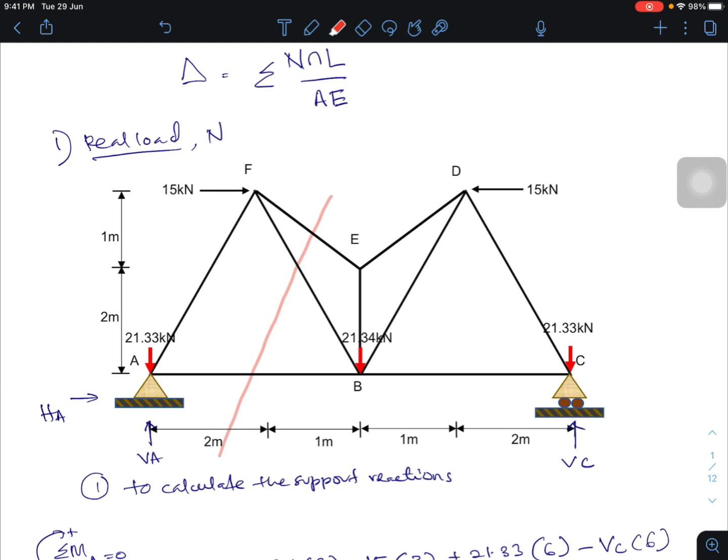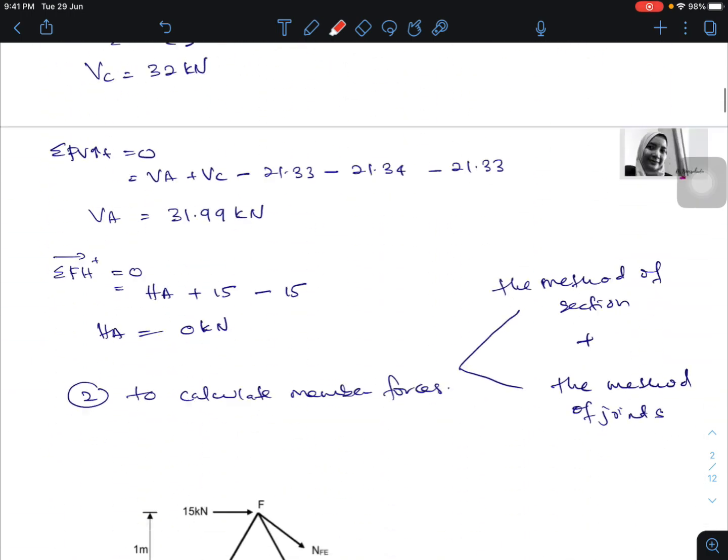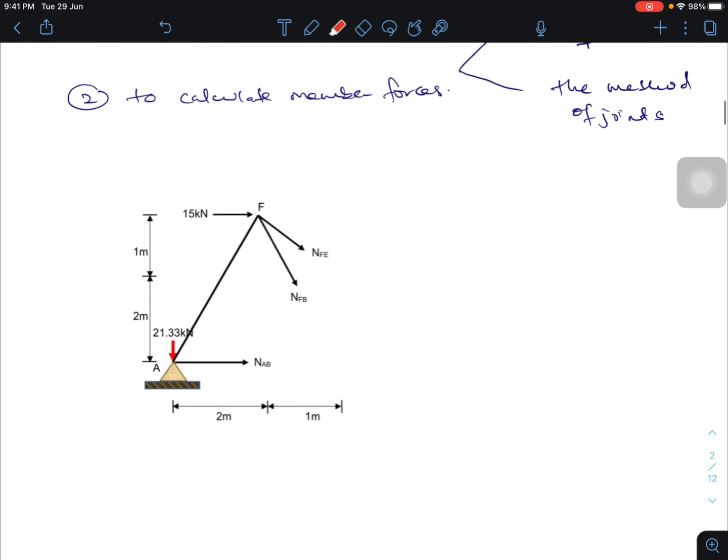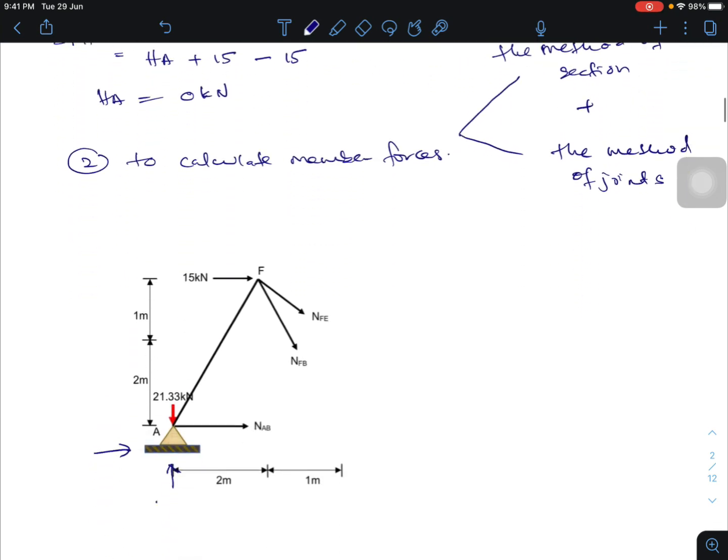The first one is NFE, second NFB, third NAB. This is the free body diagram for this rear load, and we need to show all loads applied to this section of the truss. So we have 31.99 kilonewton for VA and 0 kilonewton for HA, so we can ignore this HA value.